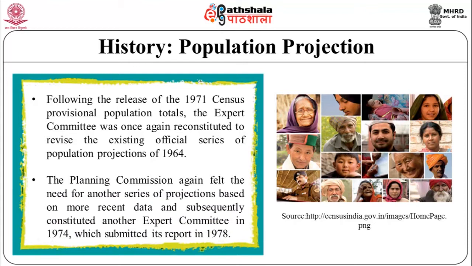The Planning Commission again felt the need for another series of projections based on more recent data and subsequently constituted another expert committee in 1974, which submitted its report in 1978.